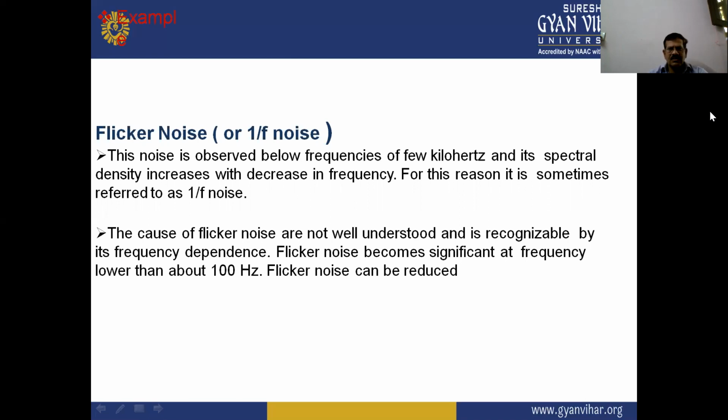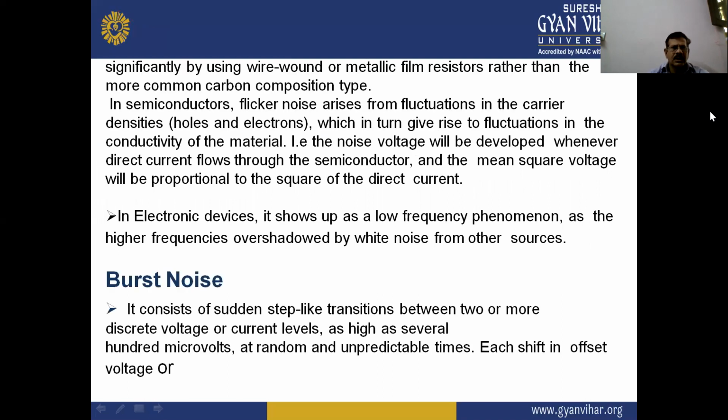Flicker noise becomes significant at frequencies lower than about 100 Hz. Flicker noise can be reduced significantly by using wire-wound or metallic film resistances rather than the more common carbon composition type.